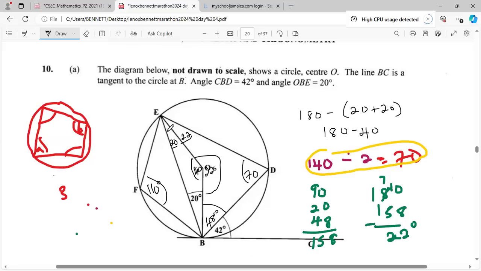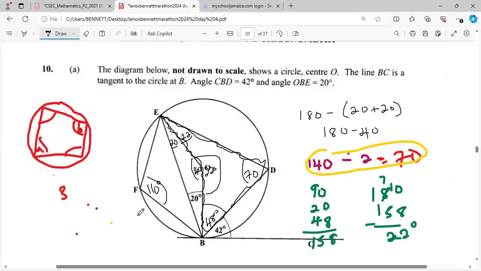And guys, just to make a point, you see this right here? It's one quadrilateral, four-sided, right? So this must give 360. The 22, the 220, the 70, and the 48.